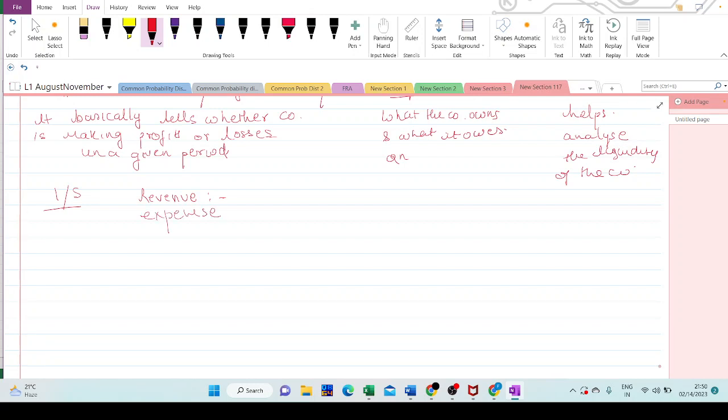Now, what is the use of the income statement? To see the profitability of the company. Yes, so investors look at the income statement to value the company, right? I'm writing this down: investors would look at the income statement to value the company.